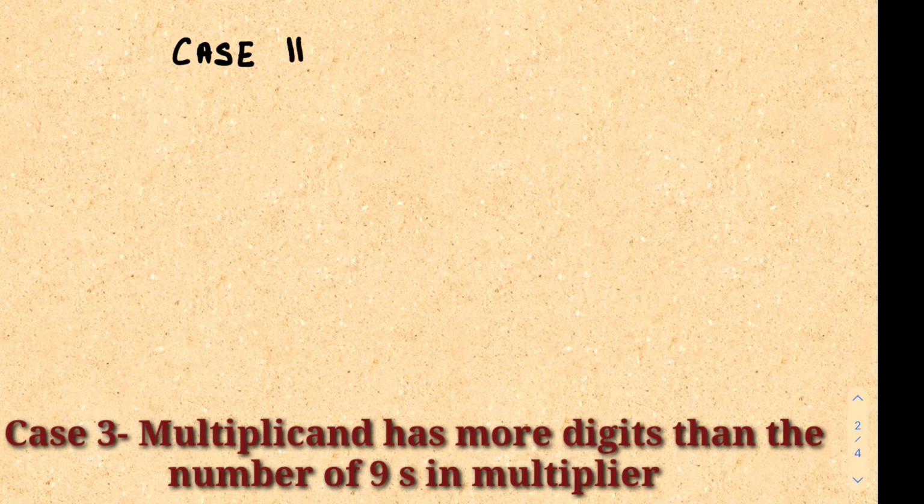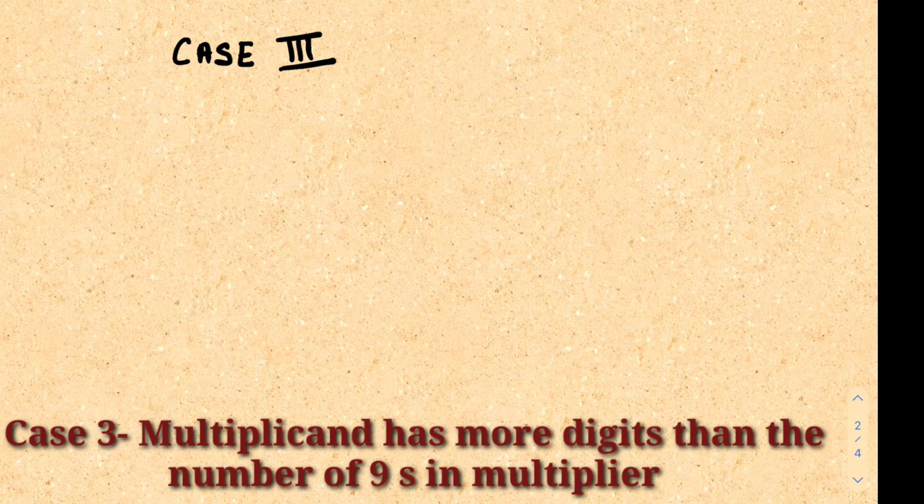This one has a little trick involved in it. Just take notice of that. Just be careful and learn it. Here in this case, we have the number of digits in the multiplicand more than the number of nines in the multiplier.